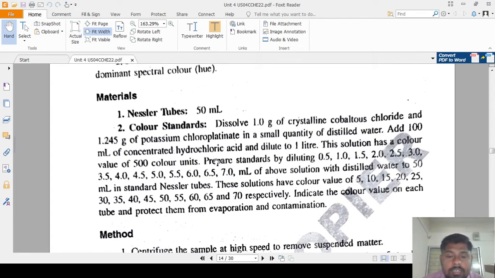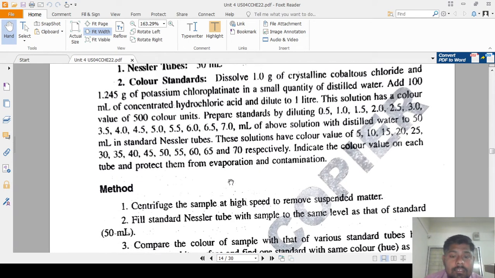This solution has a color value of 500 color units. Then prepare the standards by diluting 0.5 to 7 ml of the solution with distilled water to 50 ml in standard Nessler tubes. These solutions have color values of 5 to 70 respectively. These are our standards.